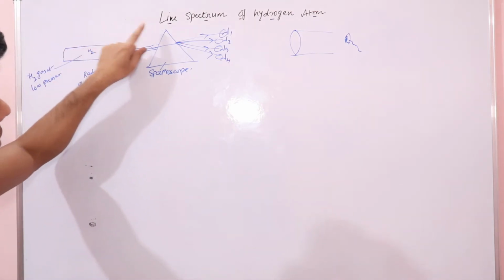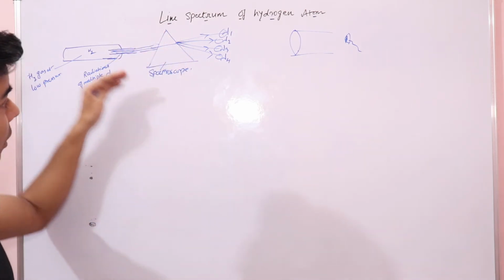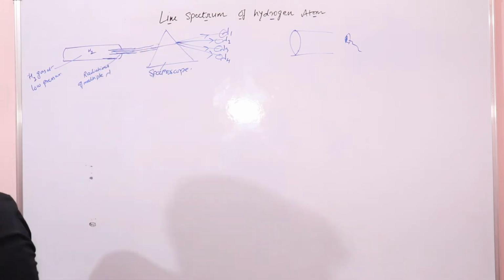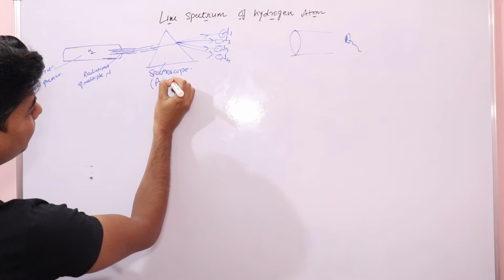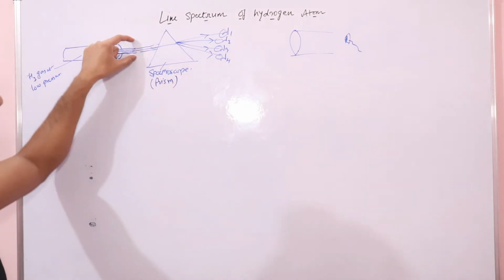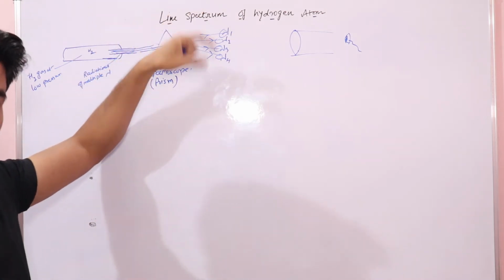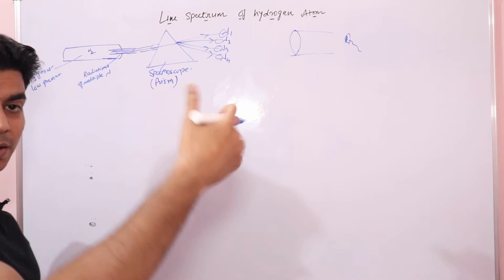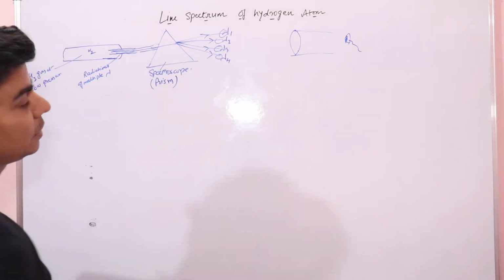When these radiations are passed through this spectroscope, which is nothing but a prism, it has a resolving power. It will resolve the radiations that consist of multiple wavelengths into its constituent wavelengths.